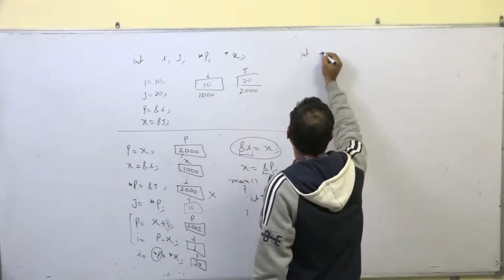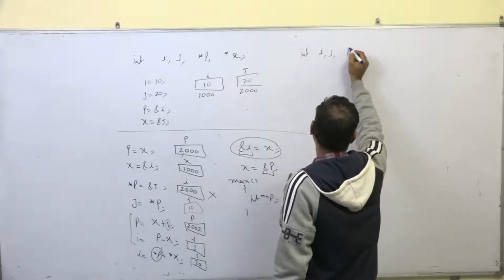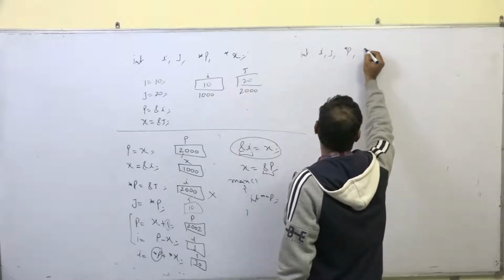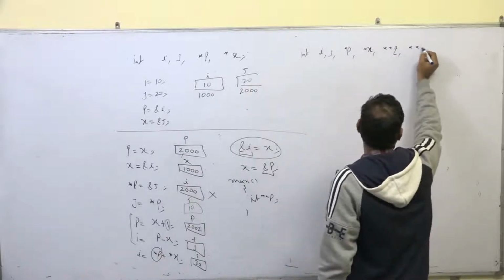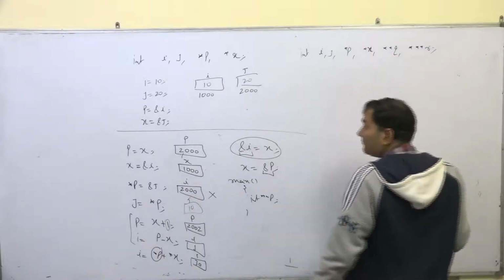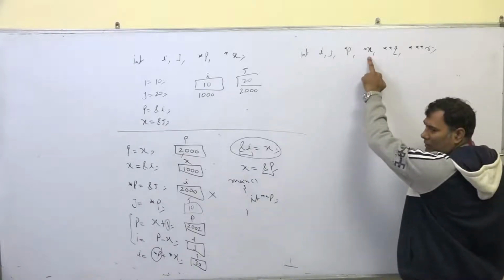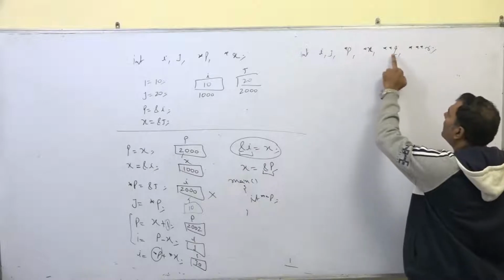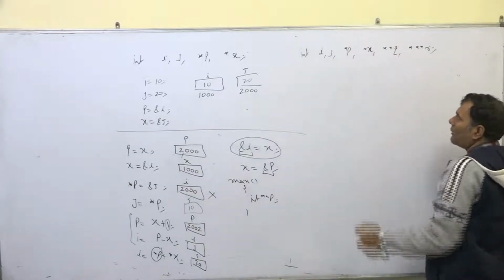Let me have integer I, j, pointer p, pointer x, pointer q, pointer r. Clear? So these two are single pointers.